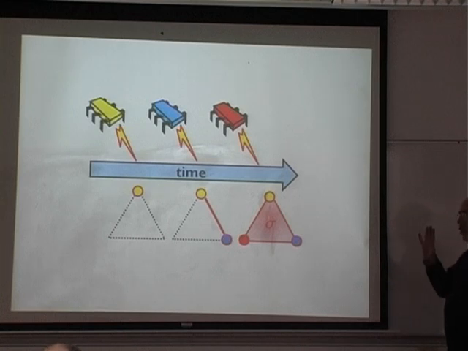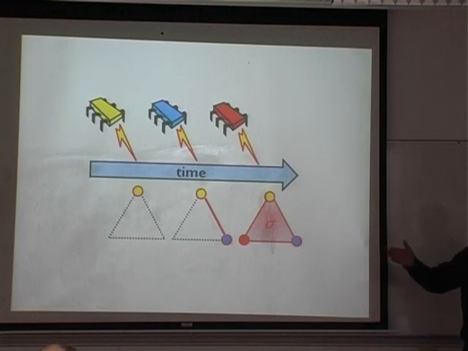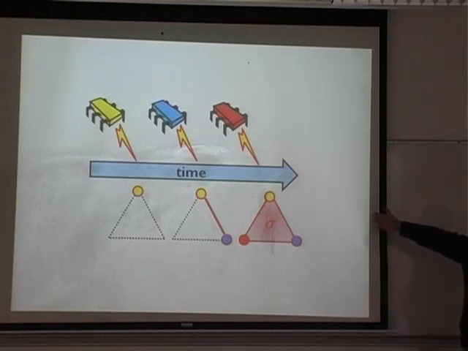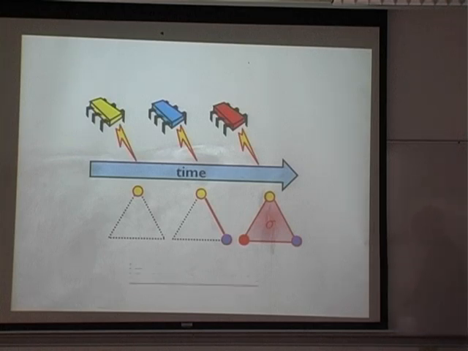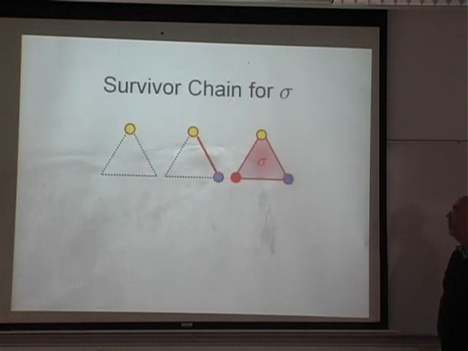So before, when we were talking about everything between tau and sigma, these were not ordered by inclusion. Everything had to have tau and be contained in sigma, but there was a partial order in the middle. Here, however, because it's a snapshot, everything is totally ordered. And so we'll call this a survivor chain.